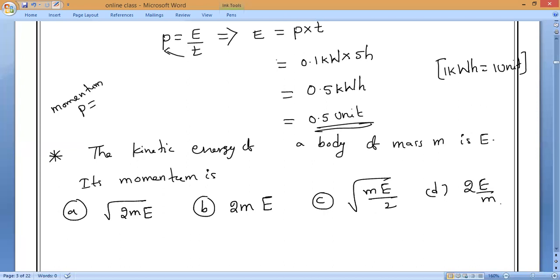Very good. So what have you done? Sir, kinetic energy is equal to half mv square, sir. Yes, we know that, good. Mass is m and energy is E, sir. So using that, we can find the velocity, sir. It will come like root over 2E by m, sir. And here the mass we can substitute like root m into root m, sir. So you can cancel it and it will come, sir. Very good. So do it now, everybody.